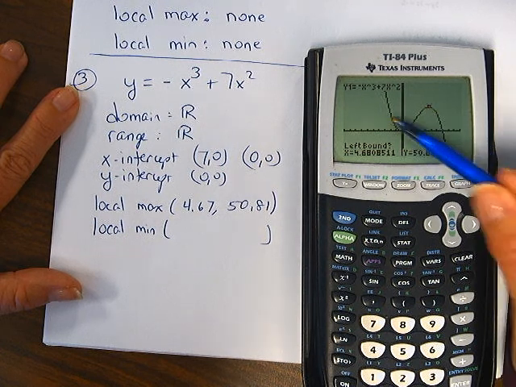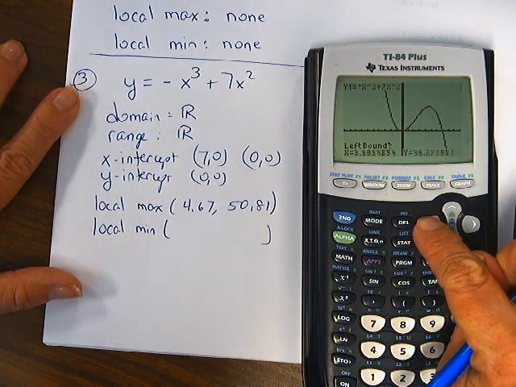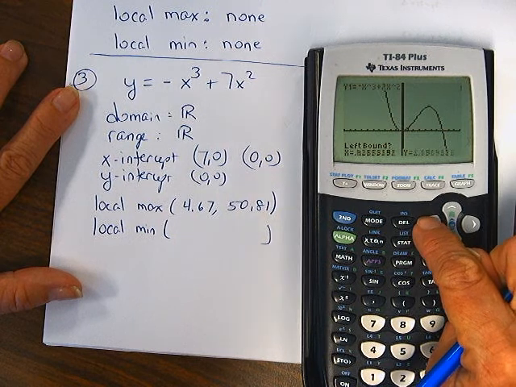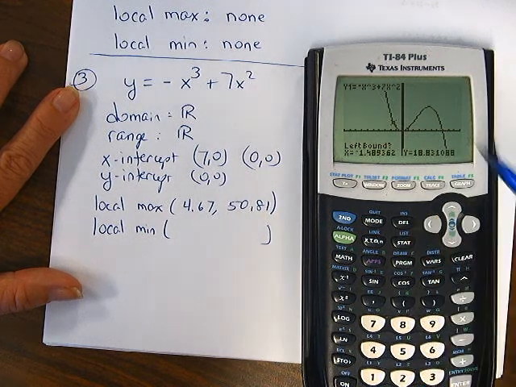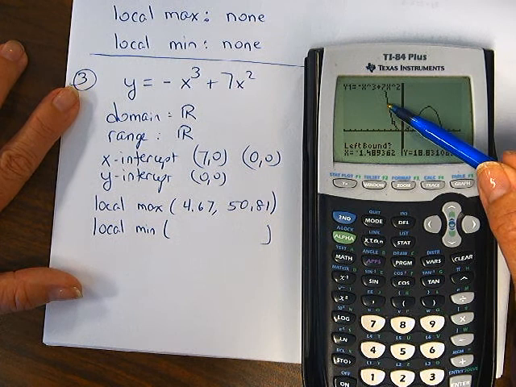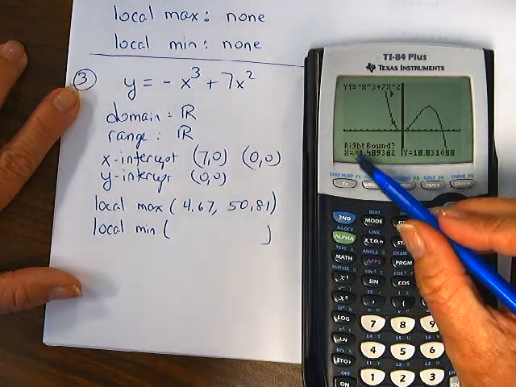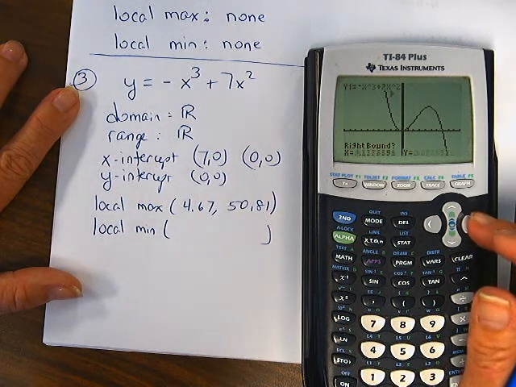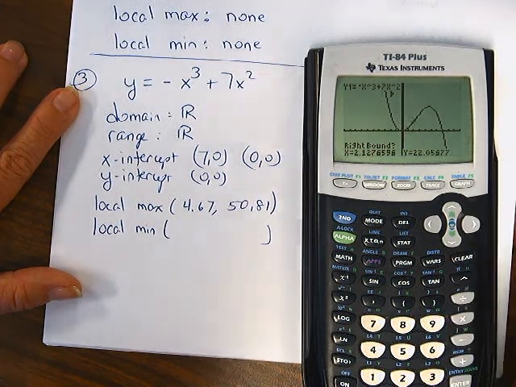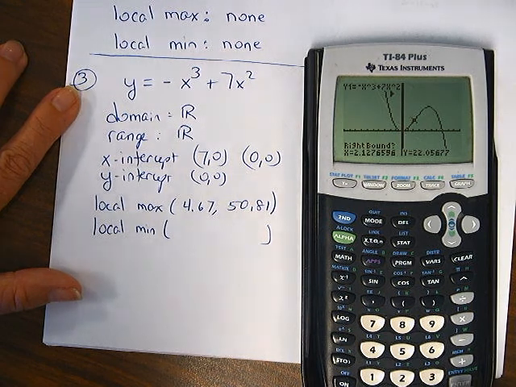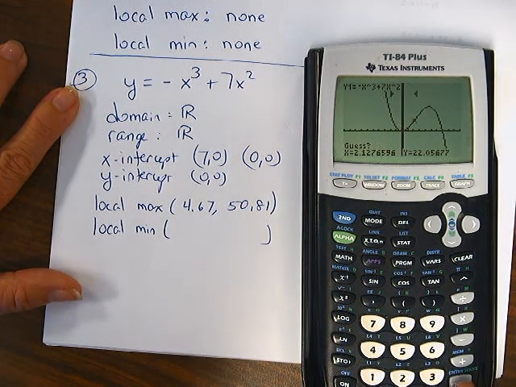So I need to move my cursor along this curve using the left arrow till I'm over on the left hand side. And again, it doesn't matter where you are to the left, as long as you're to the left of the minimum. Press enter. Now go to the right side using your arrow key till you're to the right of the minimum. Press enter and enter again.